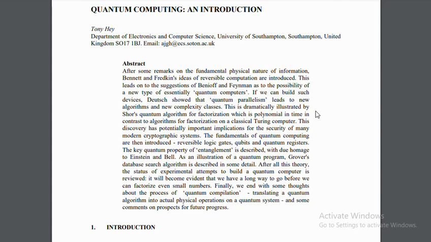It will become evident that we have a long way to go before we can factorize even small numbers. Finally, we end with some thoughts about processes of quantum computation, translating a quantum algorithm into actual physical operations on a quantum system, and some comments on prospects for future progress.